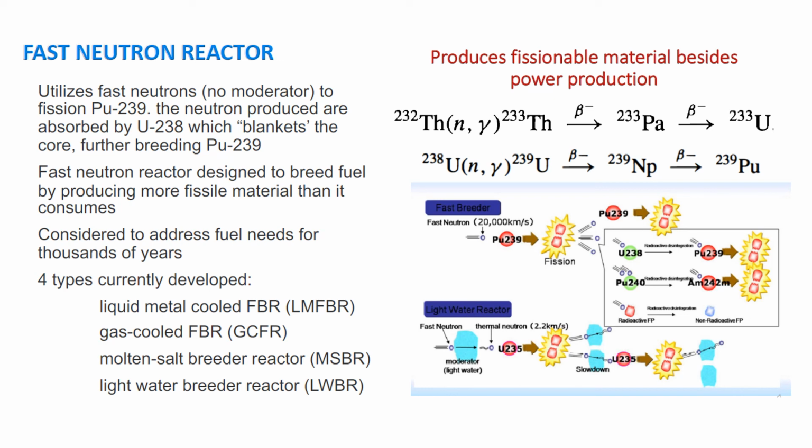We have 4 types currently being developed: your liquid metal cooled FBR, your gas cooled FBR, your molten salt breeder reactor, and your light water breeder reactor. It's still not used, but in the near future, we can see more of these FNRs to be constructed around the world.